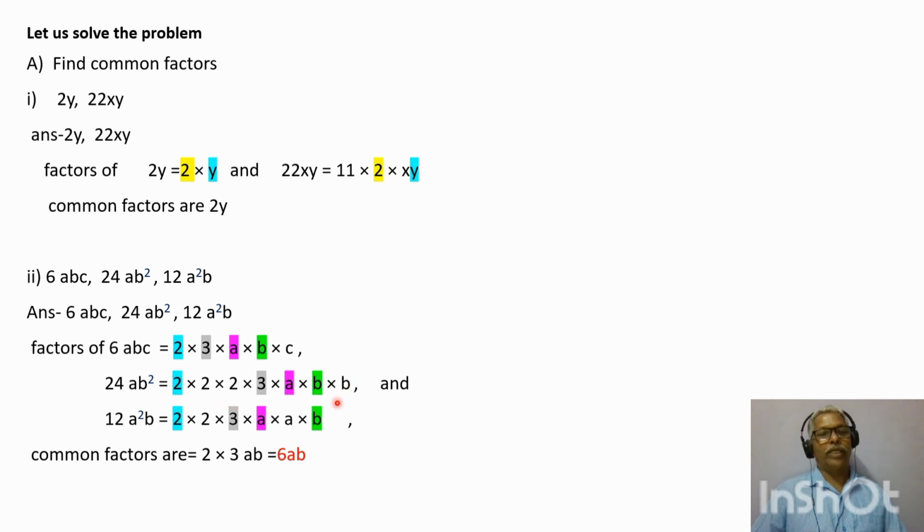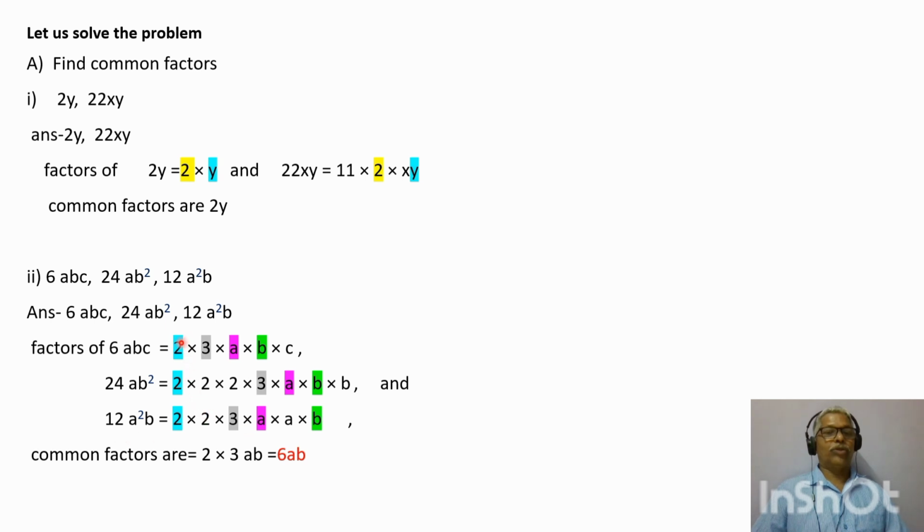Do write like this so that you will not get confused. You might forget if you write square as it is. And 12a square b is 2 into 2 into 3 into a into a into b.